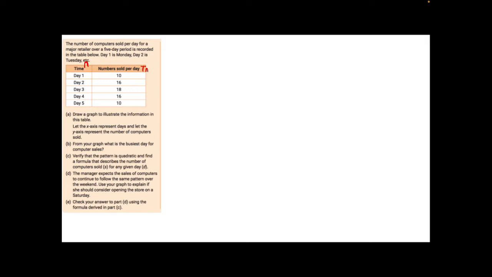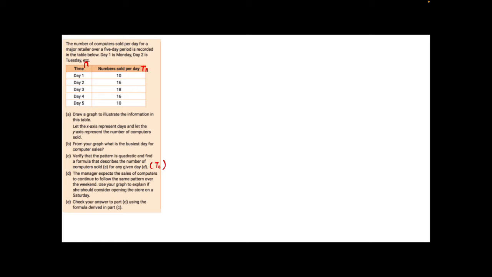From the graph, what is the busiest day for selling computers? Verify that the pattern is quadratic and find a formula that describes the number of computers sold for any given day. So that's looking for Tn. That's your general equation to find the number of computers or the values sold on any value of n.